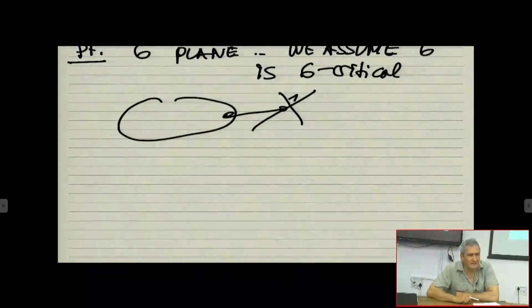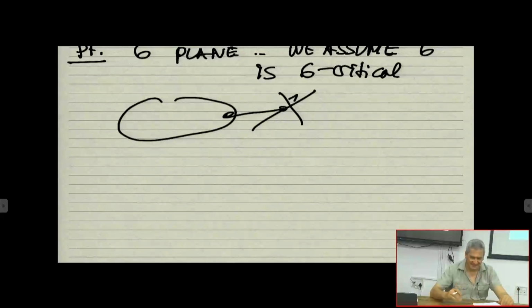Now, this is a 6-critical graph. It's a planar graph. What we know in a plane: every planar graph has a vertex of degree at most 5. So I don't have to spend time with 1 vertex, 2 vertex, 3 vertex, 4 vertex. My graph is 6-critical, so I immediately go with a 5-vertex. I just shorten the proof.